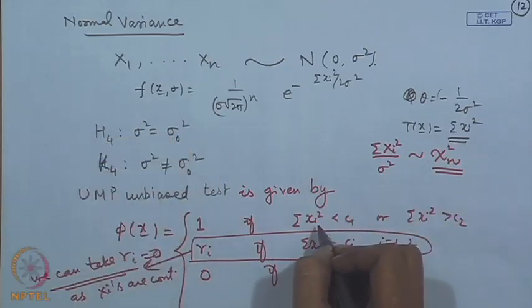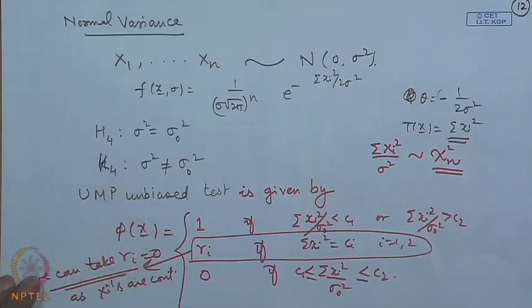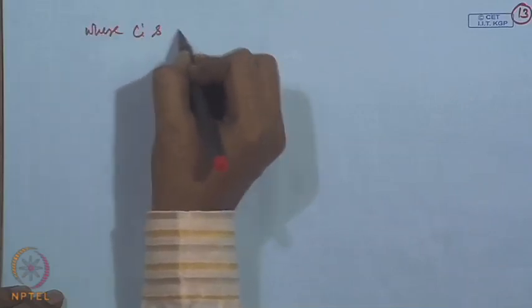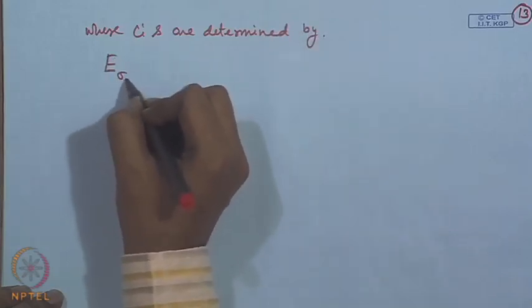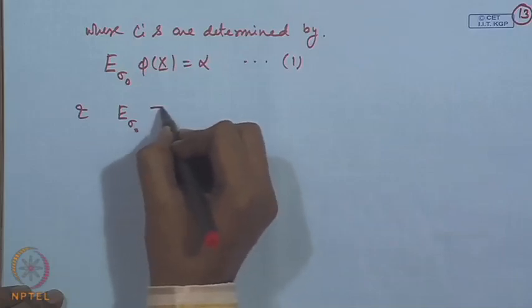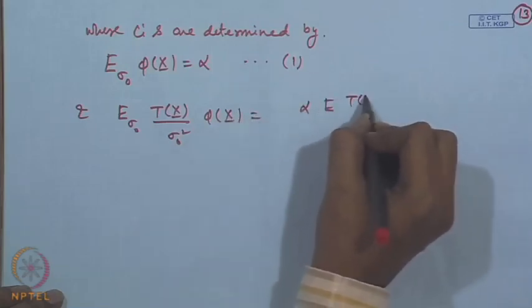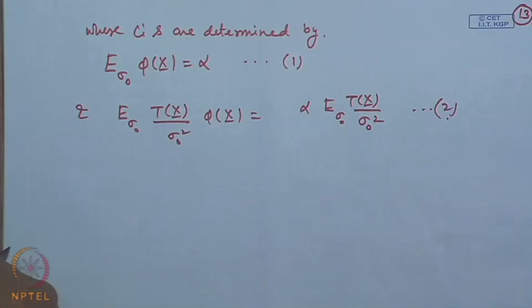So, if I am considering under the null hypothesis, I can consider division by sigma naught square here, so that the distributional properties will be easy to study, where C i's are determined by expectation under sigma naught of phi x is equal to alpha and expectation of T x divided by sigma naught square times phi x is equal to alpha times expectation of T x by sigma naught square. So, we will determine the constants C 1 and C 2 using both of these conditions.